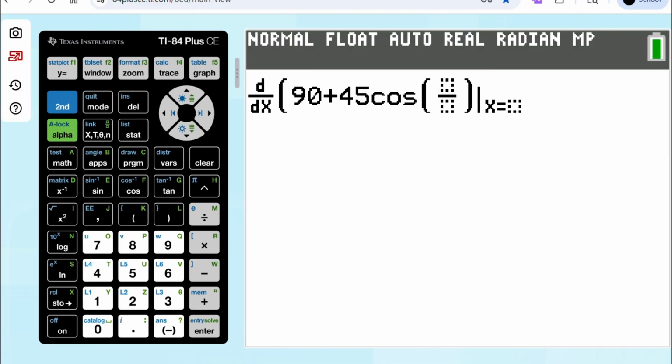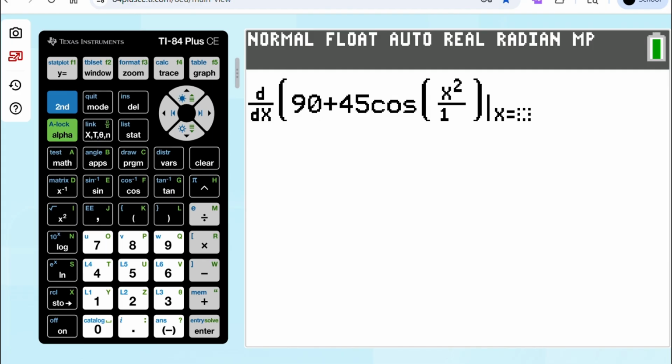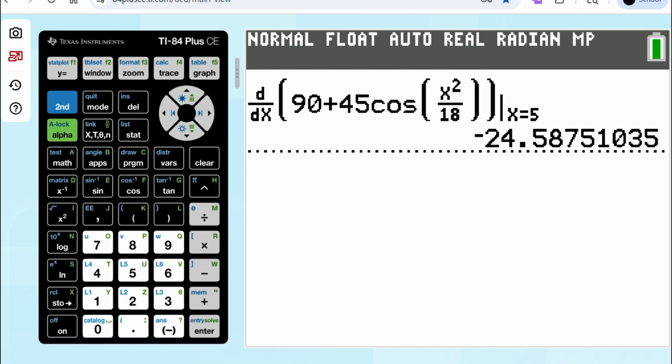I like to hit alpha and the x button to just give me this nice little fraction bar, and then we'll do x squared over 18. And it wanted us to find this value when x was equal to 5, so just put in a 5 down there. And we get negative 24.586, or 588 when we round.